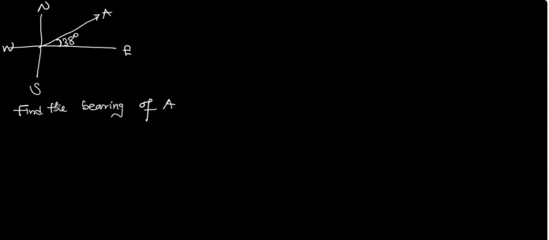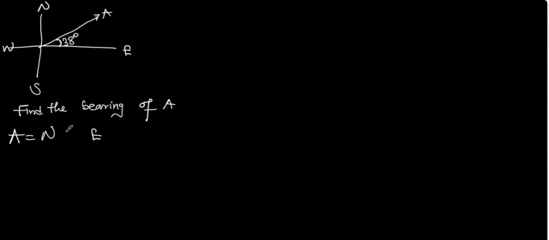Now we have this example that says, find the bearing of A. And A is between north and east. So we know already that A is starting from north towards east.